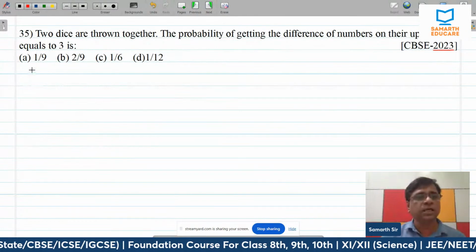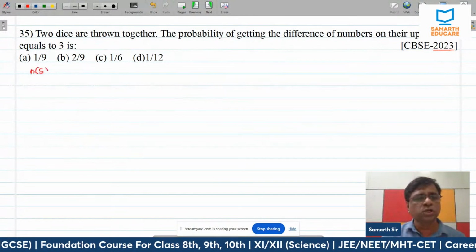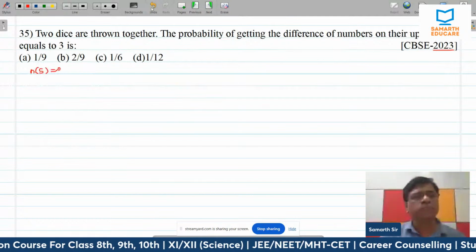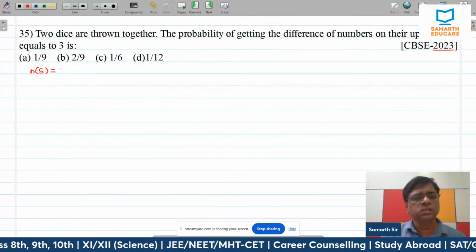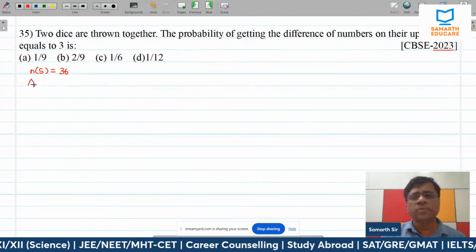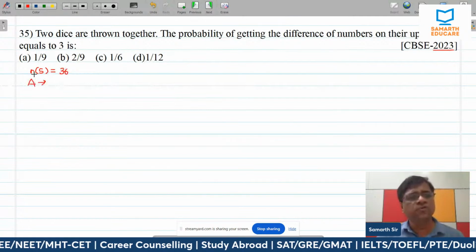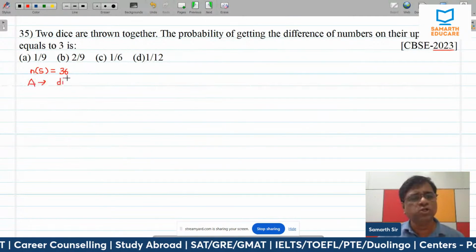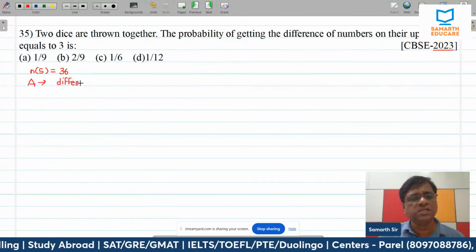n of S is equal to 36 total points. Event A, what he says is a difference of 3 should come. Find such points whose difference, meaning subtraction, is 3.